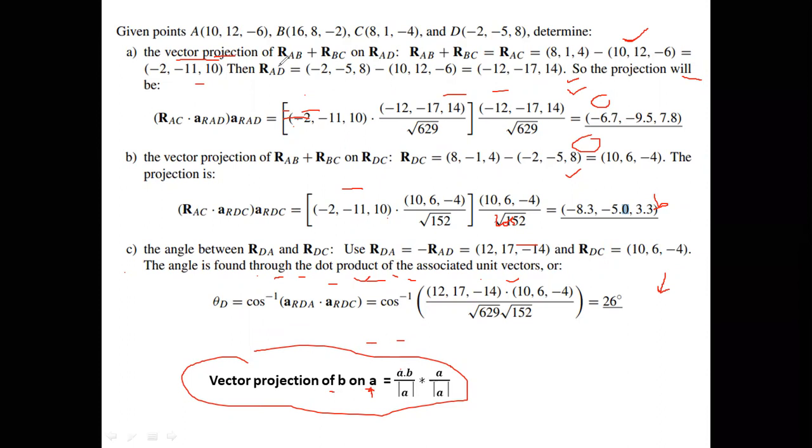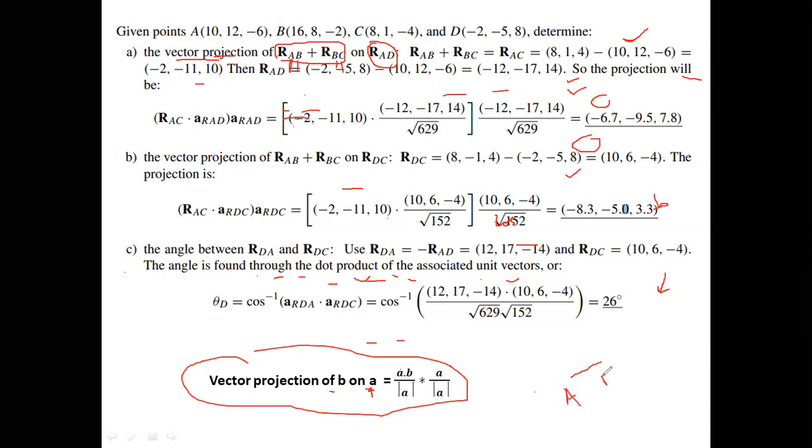So in this case, a vector projection of this vector on this vector, here is a trick. You have to notice this trick. RAB plus RBC means the vector starts from A, crosses through B and ends at C. I will draw it out for the new people.